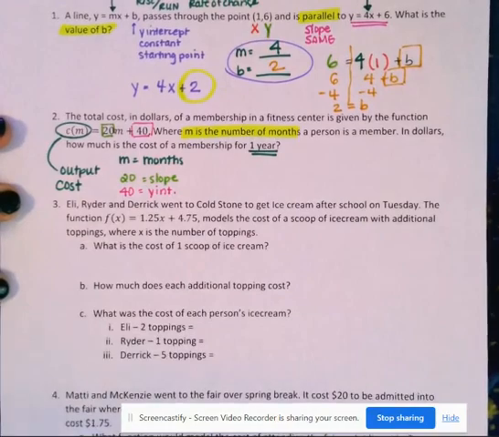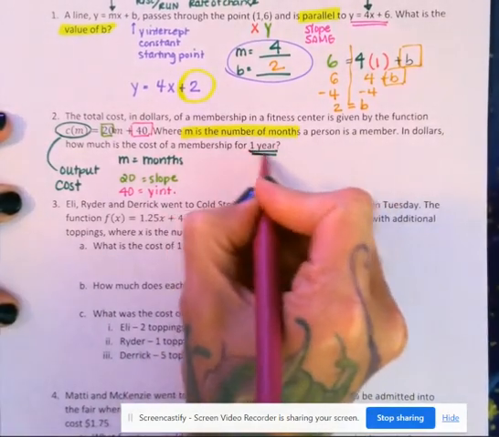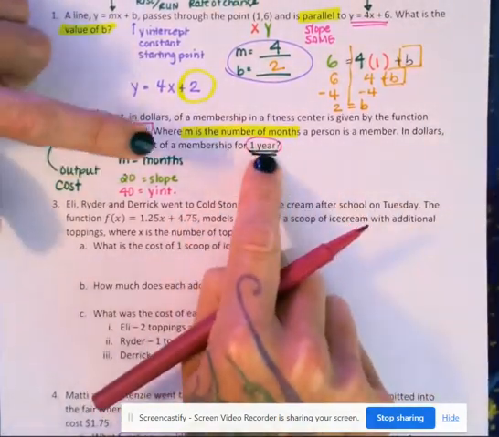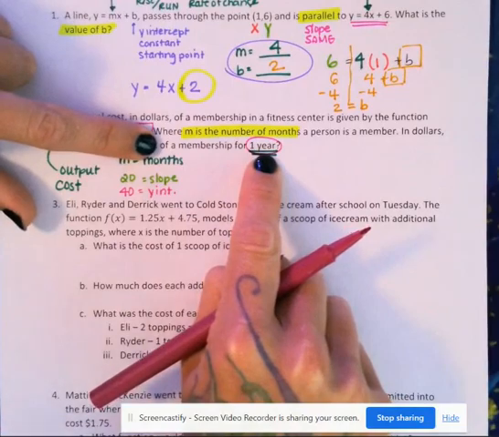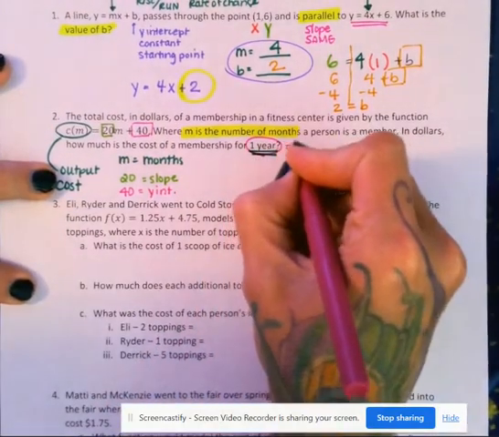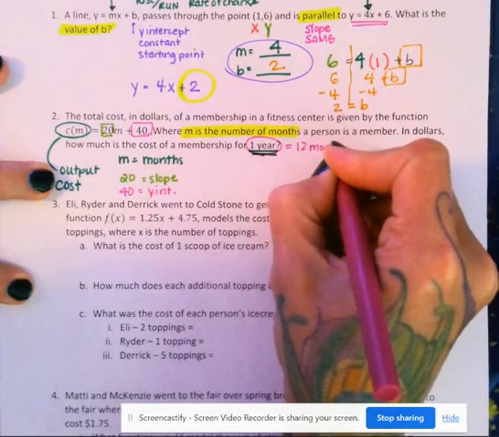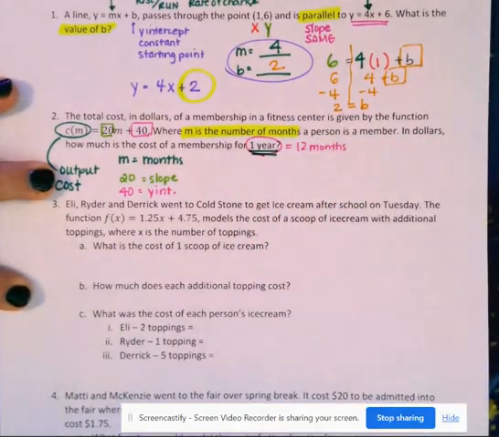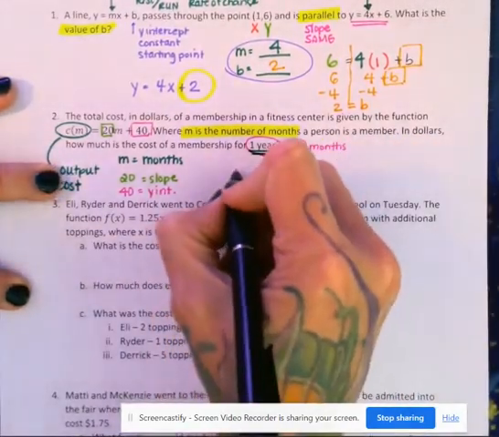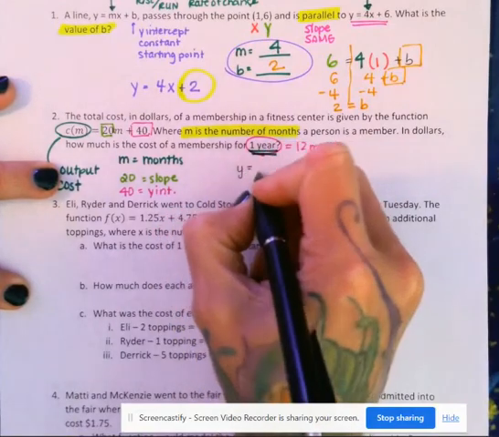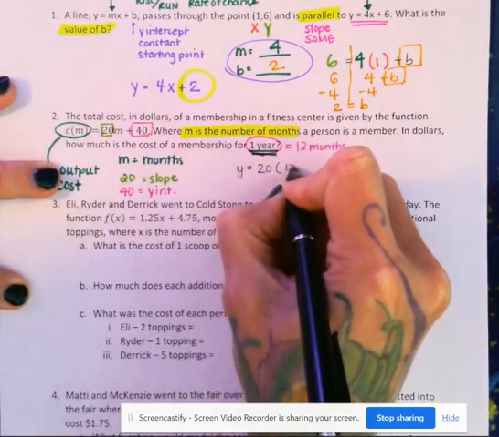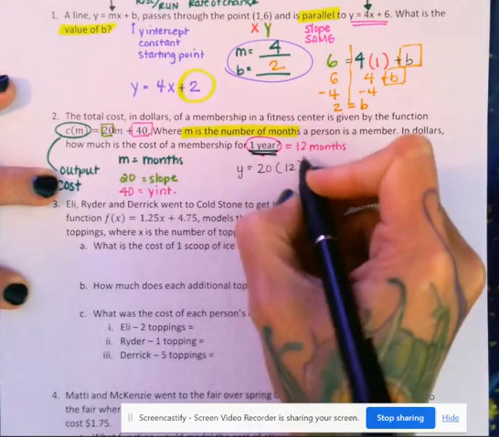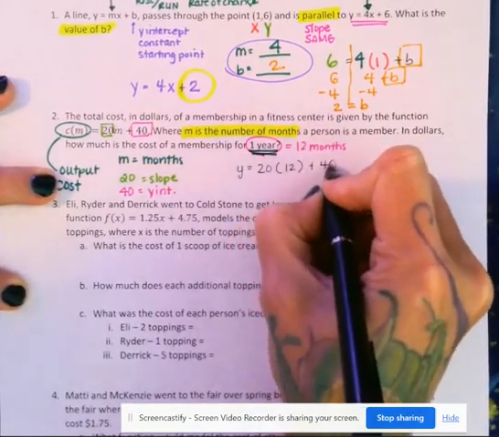And now it says, what is the cost of a membership for 1 year? They're coming for you here. 1 year because this is year, this is months. How many months are in a year? There are 12 months in a year. So now we're going to fill in our equation. So we have the C of M, which I'm going to just call y, equals 20 times 12, because it's 12 months in 1 year, plus 40.